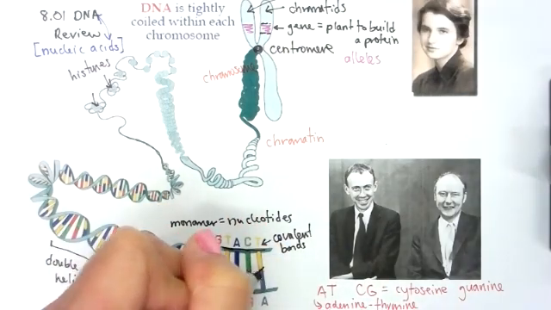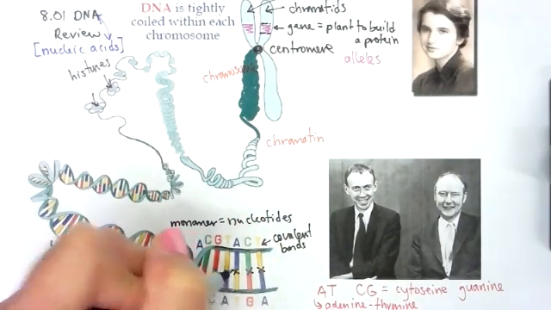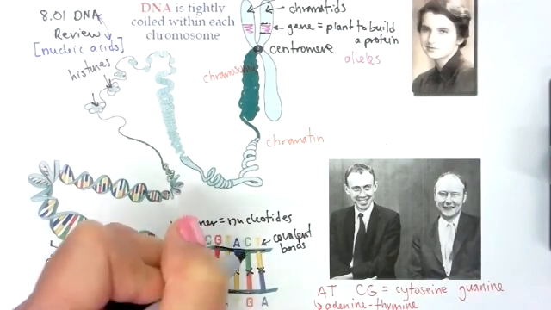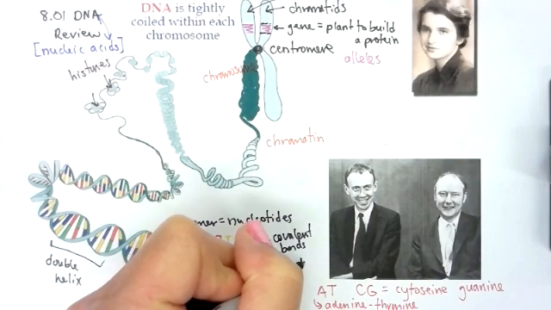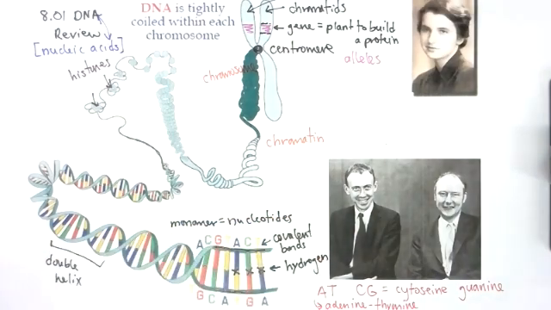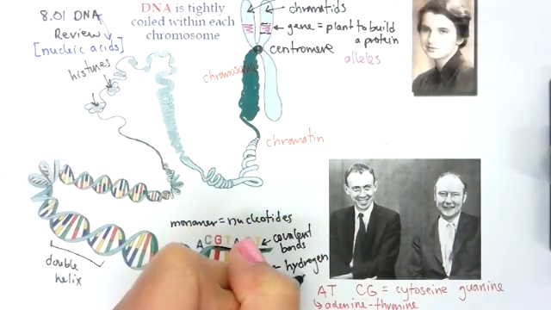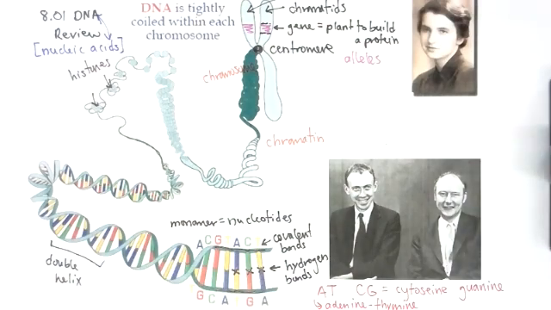But the nucleotides here at the X's, where the thymine and the adenine combine and the cytosine and the guanine combine, are tied together by hydrogen bonds. Hydrogen bonds are weaker and so they can break. And what we're going to see in this chapter is that we need to break all of these bonds between the nucleotides, which is known as unzipping the DNA.